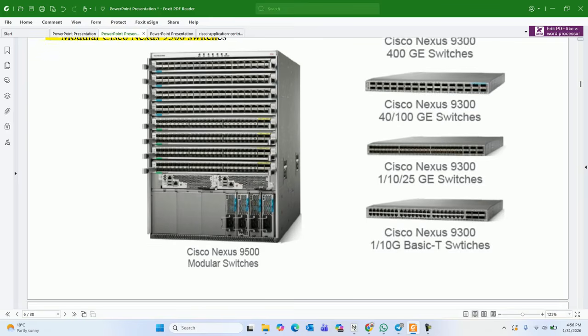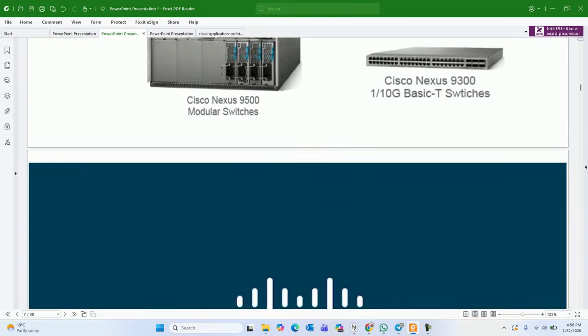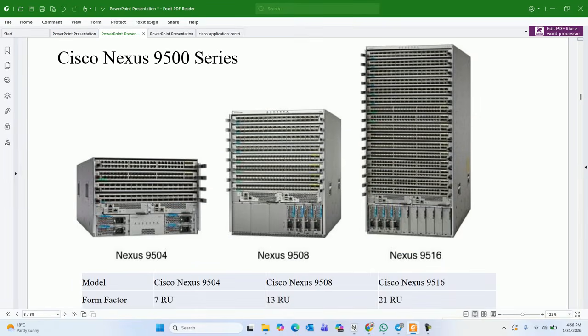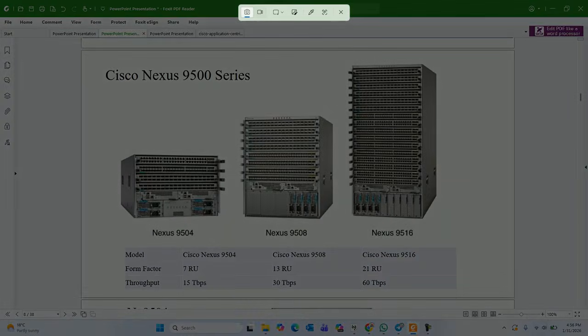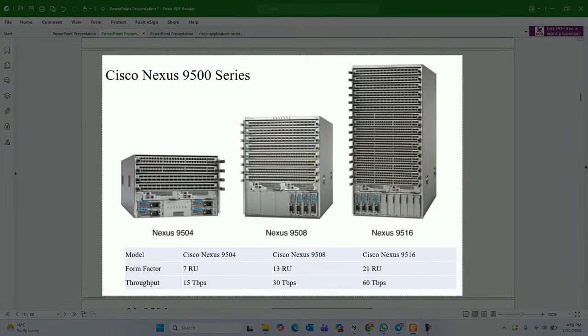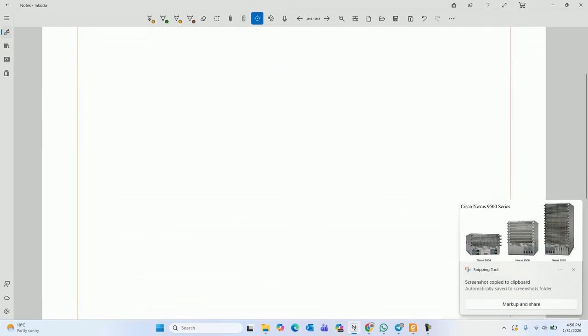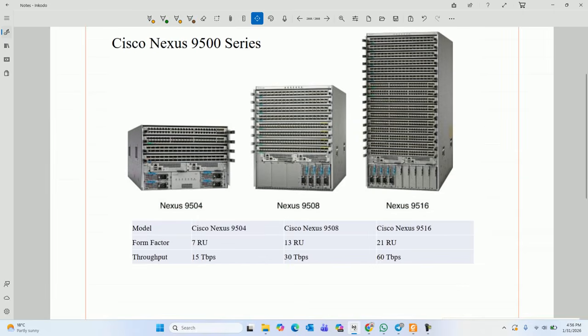We have already discussed it and I explained the difference between the modular switches and the fixed port switches. Now this one is the modular switch.